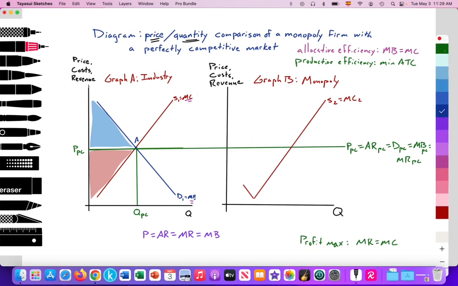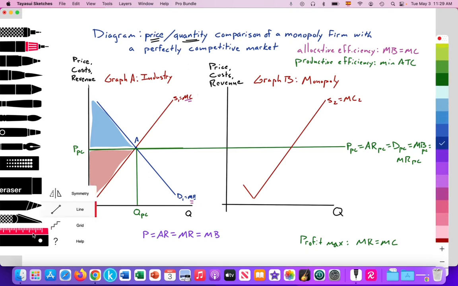Then we're going to have our demand curve intersecting at this point, demand curve relatively inelastic because of the monopolist's market power. So here we have D2 equal to the marginal benefit 2. Here we'll call that point B, where S2 equals D2.